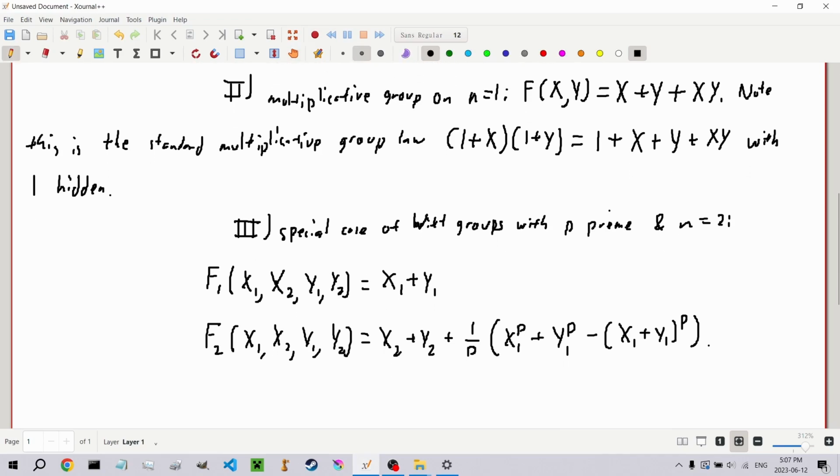Now we give elementary properties of such formal groups.